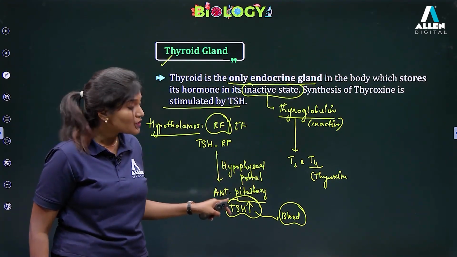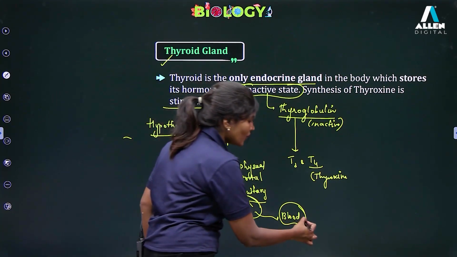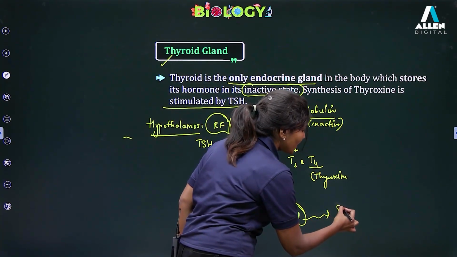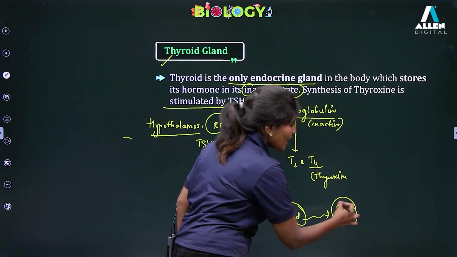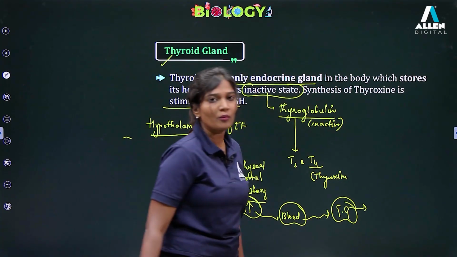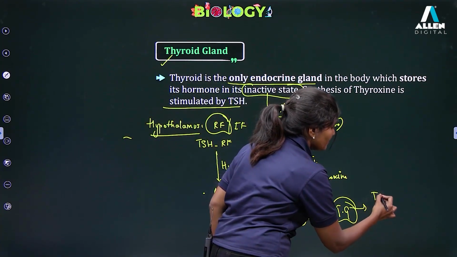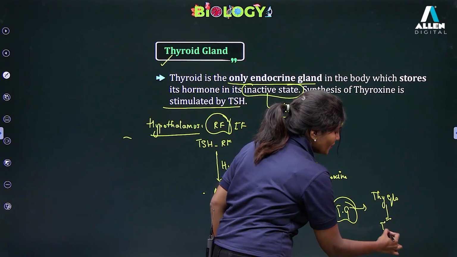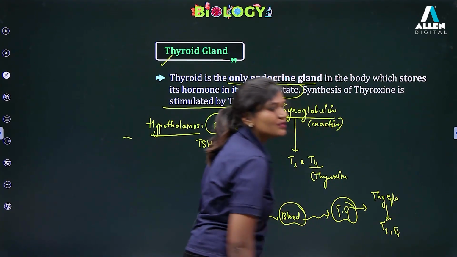Just imagine this is going to stimulate the thyroid gland. So it will travel in the blood and reach the thyroid gland. I'm writing thyroid gland as TG. And now this thyroglobulin, which is the inactive form, will be converted into thyroxines, or we can say T3 and T4.